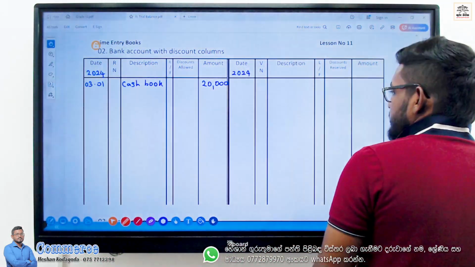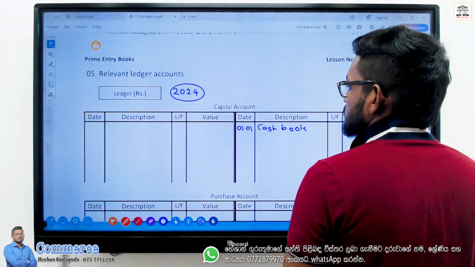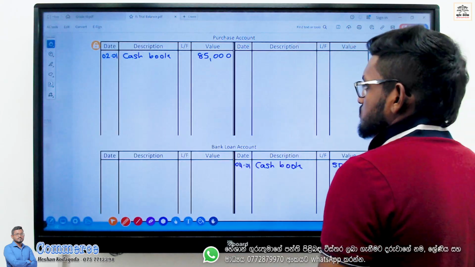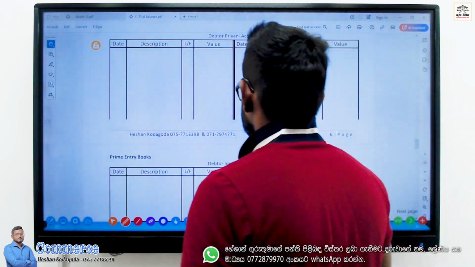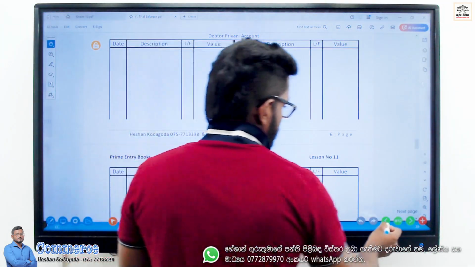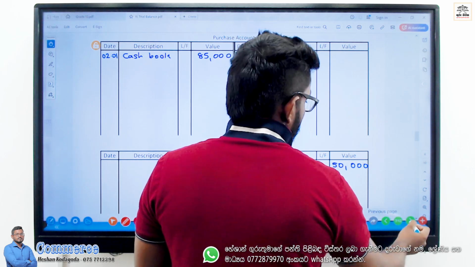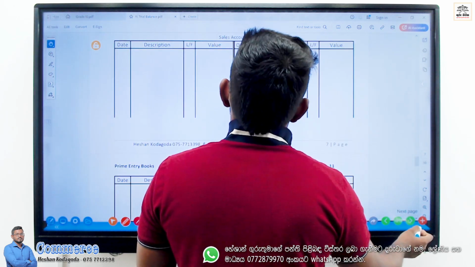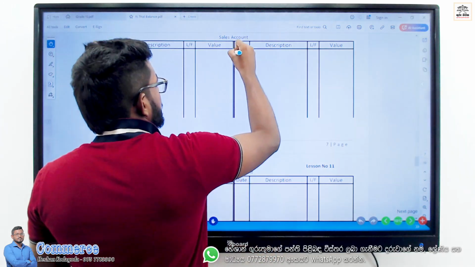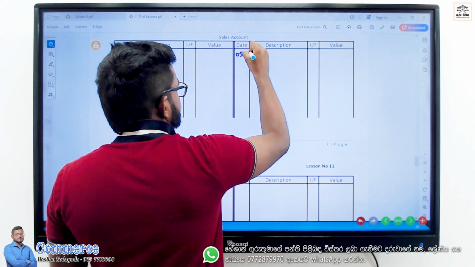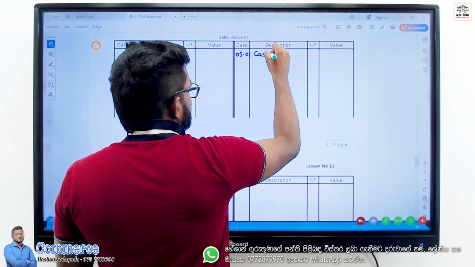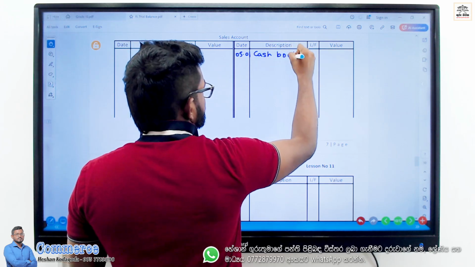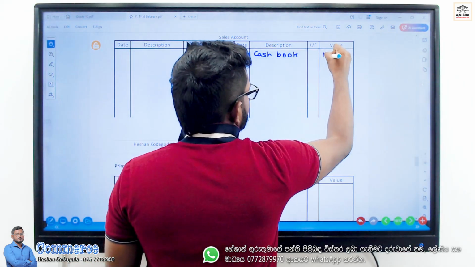So quickly go to the ledger, sales account. 5th of January, cash book, 150,000.